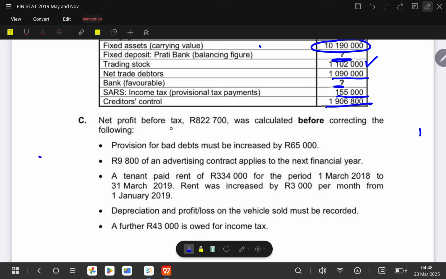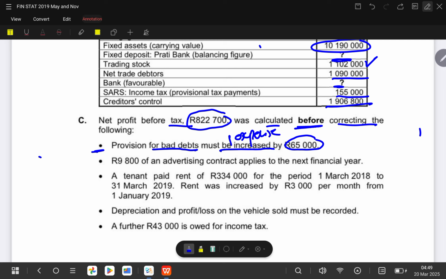Now they're saying that the net profit before tax of 822,700 was calculated before correcting the following. In other words, this information was not adjusted. Transaction number one: provision for bad debts must be increased by 65,000. Remember, we're doing incorrect net profit. If it increases, it becomes an expense, so this will reduce our net profit.